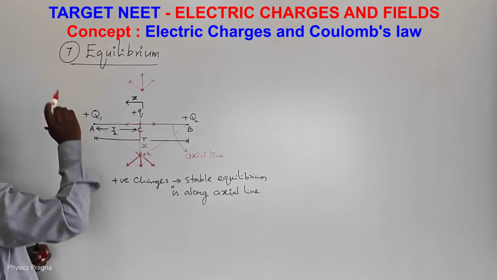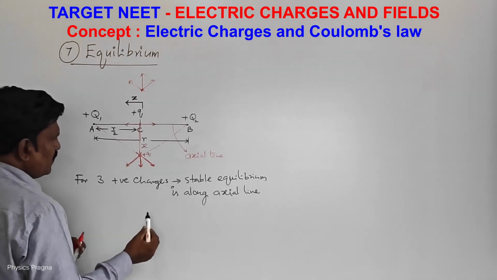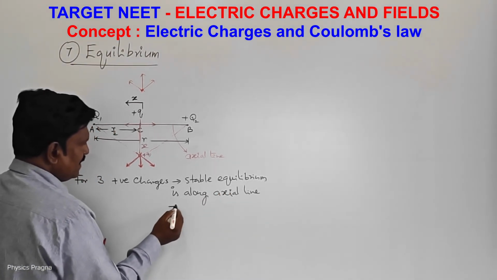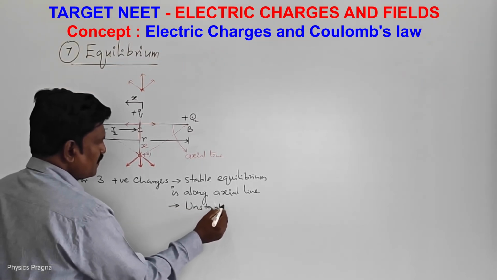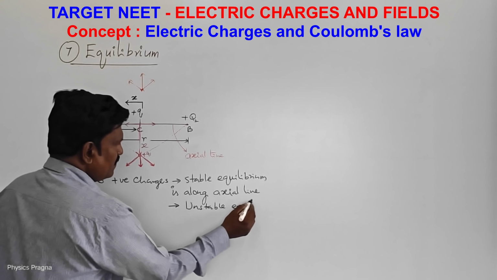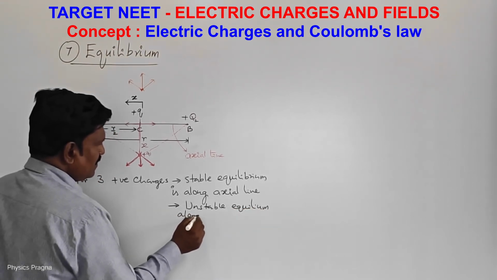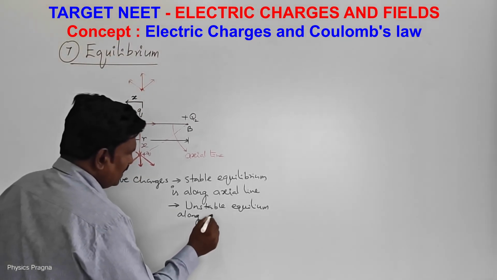It won't come back. That's why, for three positive charges, stable equilibrium is along the axial line. Unstable equilibrium is along this line, which is called the equatorial line.